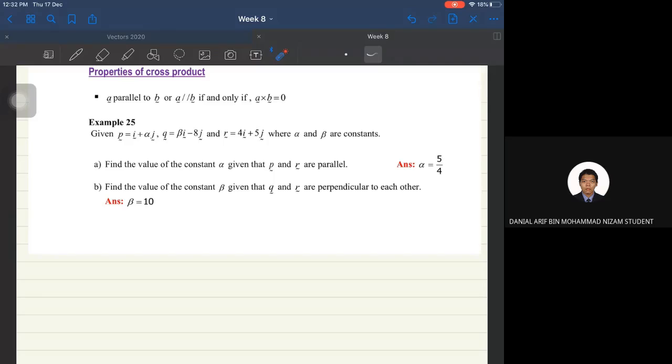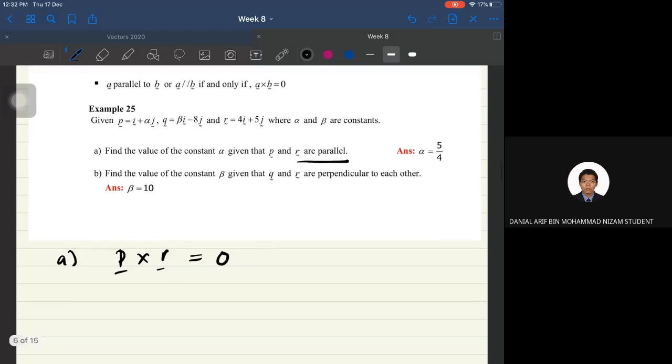So, you were asked to find the value of a constant alpha given that P and R are parallel. So kalau dia bagi tahu P and R are parallel, so you know that P cross R must be equals to 0. Okay, awak tahu benda tu. Sebab apa? Macam mana saya tahu ni? Sebab ada perkataan parallel.